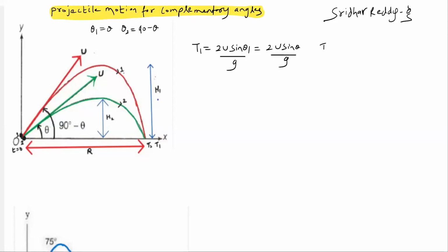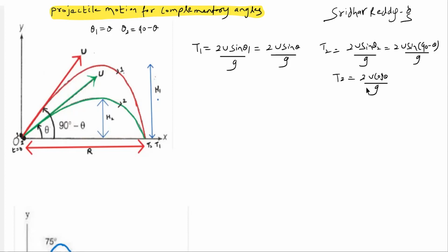What about the time of flight T2? 2u sine theta 2 by g, which is equal to 2u sine of 90 minus theta by g. Sine of 90 minus theta will be cos theta. So the time of flight of this will be 2u cos theta by g. They will have different times.